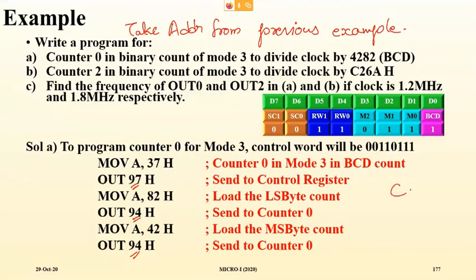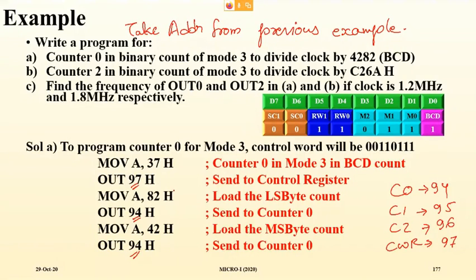So counter 0, counter 1, counter 2, and CWR were 94, 95, 96, and 97. In the exam we will give you the address in the question. Okay, clear.